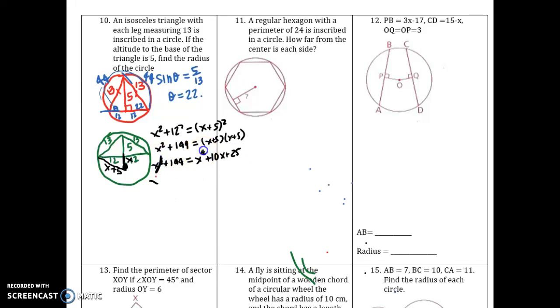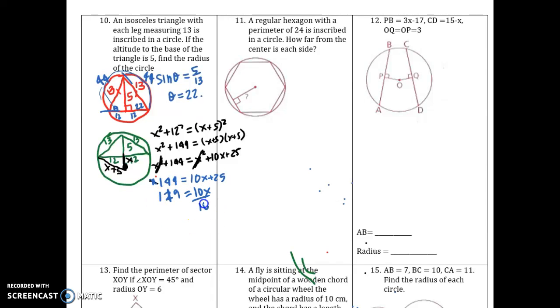So the x squareds cancel each other, which is super cool, which means we don't have to factor. So we have 144 equals 10x plus 25. Move the 25 over. So you get 129. Sorry, 119.